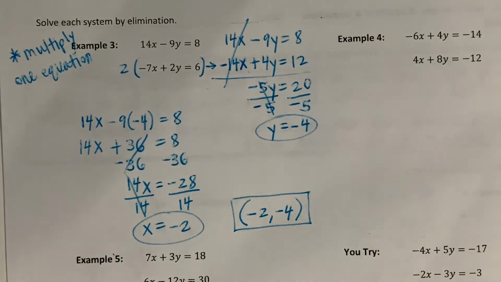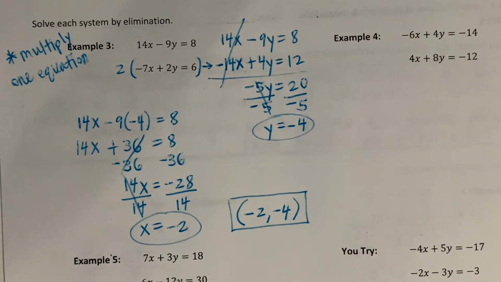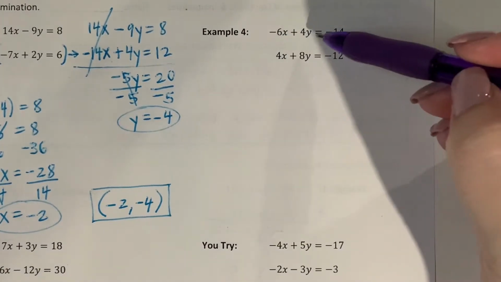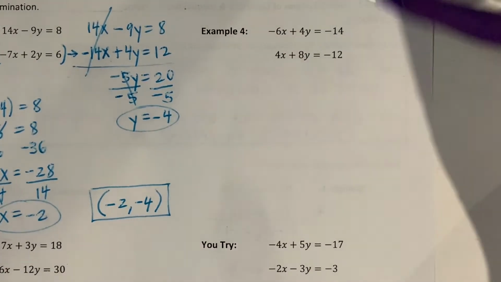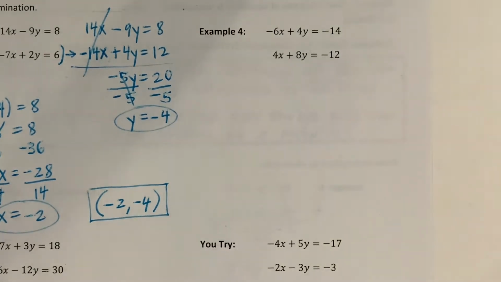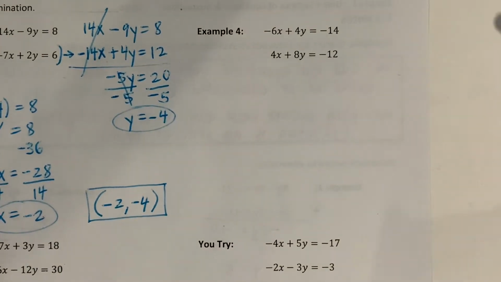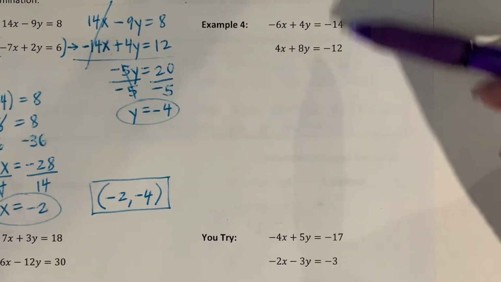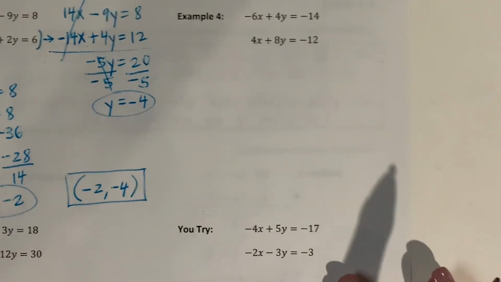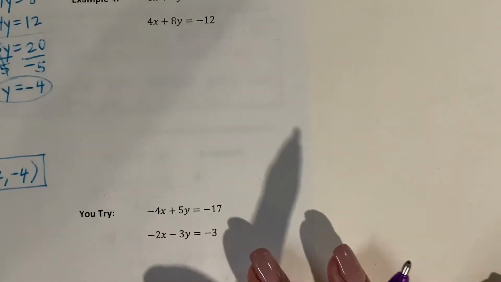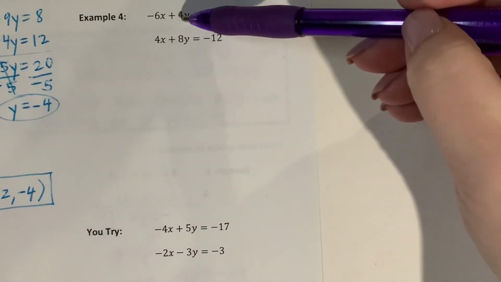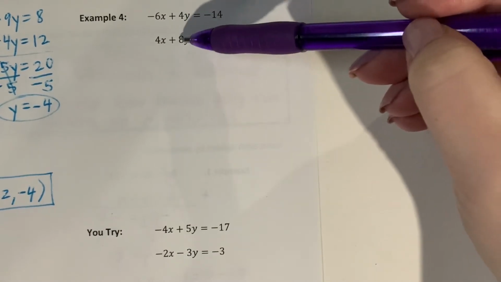Let's take a look at example 4. So in example 4, hopefully you're noticing there's nothing that gets eliminated right away, right? My x's don't drop out, my y's don't drop out. And so I want to look for one of these equations that I could multiply by a number so that either my x's or my y's drop out of the problem. I see right here that if I do 4 times 2, I get 8.